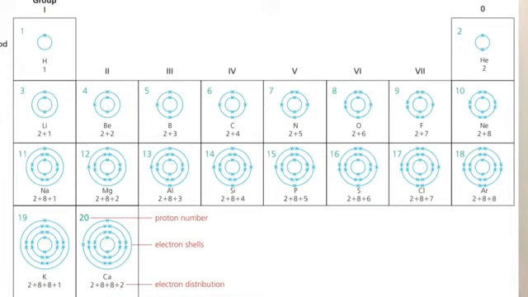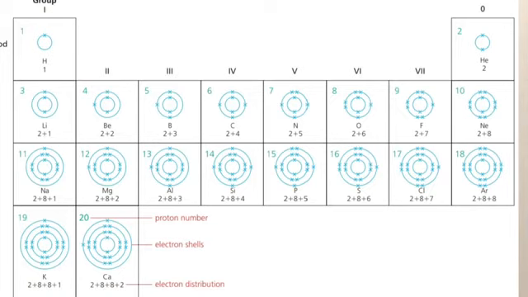So this is electronic structure, or you can say electronic configuration. Using the periodic table you can find the atomic number, and using this atomic number you can work out the electronic structure of any atom. Clear?